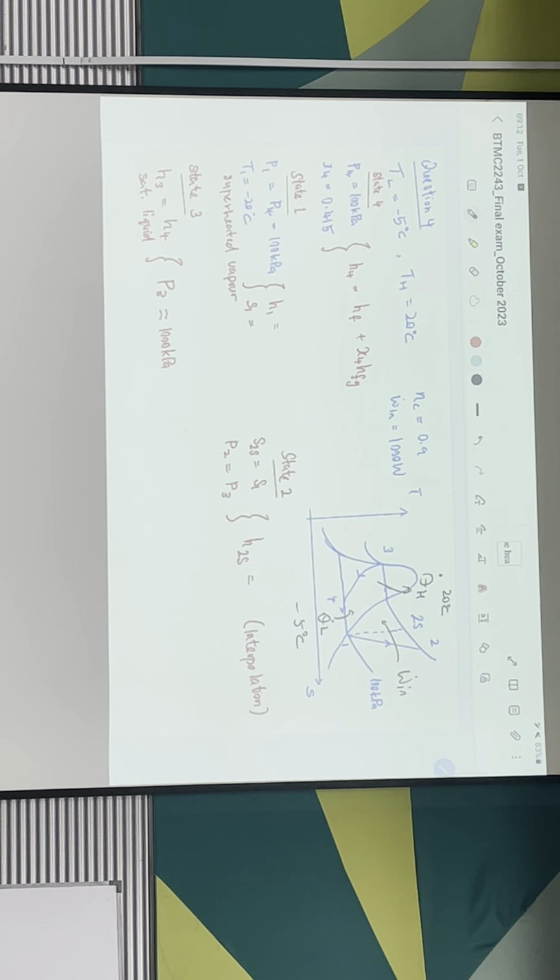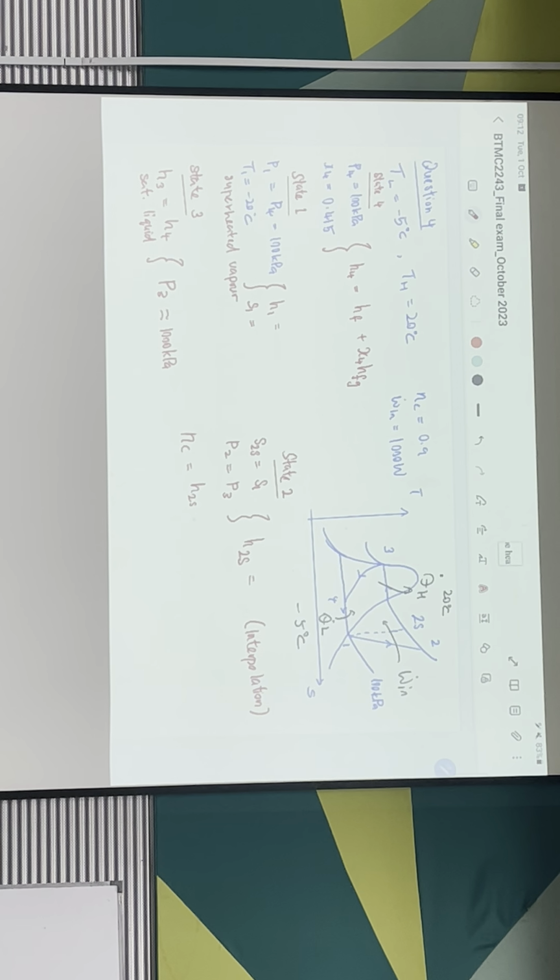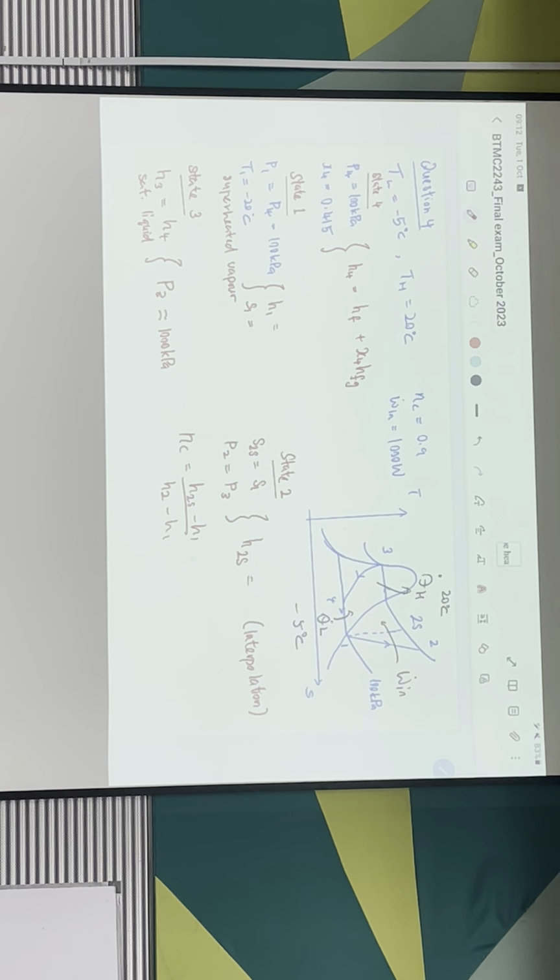Then you can make use of isentropic efficiency. So this one is just H2S minus H1 over H2 minus H1. And this will give you H2.